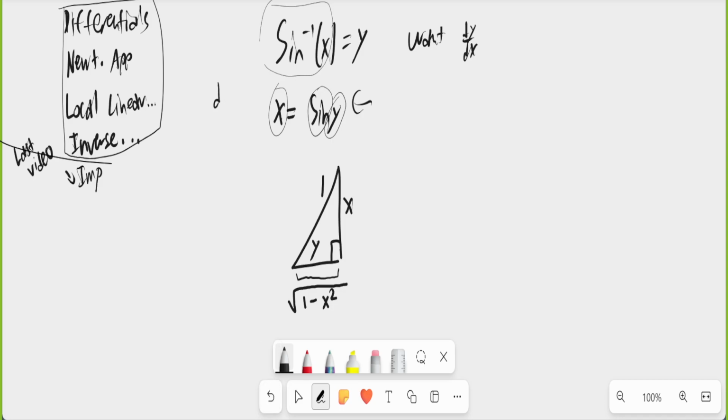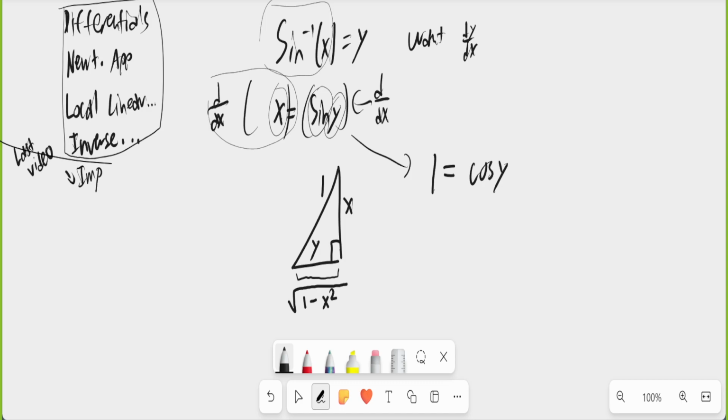Now we take d over dx of both sides. Using implicit differentiation, the derivative of x with respect to x is 1, and this becomes cosine y times dy dx.